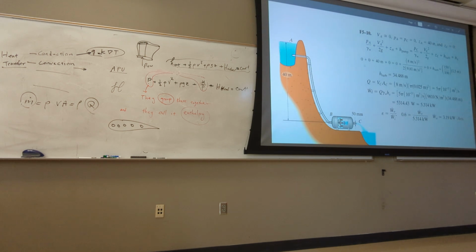So here, go ahead and substitute values. PA is 0 over gamma, VA is 0. Z at A is 40. H of pump, there is no pump here, 0. And then P at C is right here, again 0, exposed. V at C, which should be either given to you or we can compute it from the continuity equation. And Z at C is 0. And then H turbine, yes, I do have turbine.